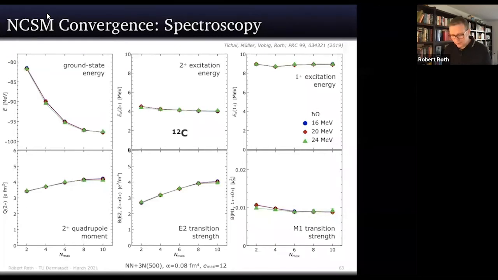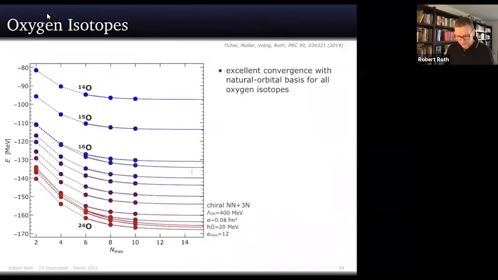And because of this nice convergence plus importance truncation, we can push the range of applicability to something like mass 25. So here I actually show calculations for all of the oxygen isotopes from oxygen-14 to oxygen-26, which is hidden in here and not labeled. And I show you this Nmax trend of the ground state energy up to Nmax 10.